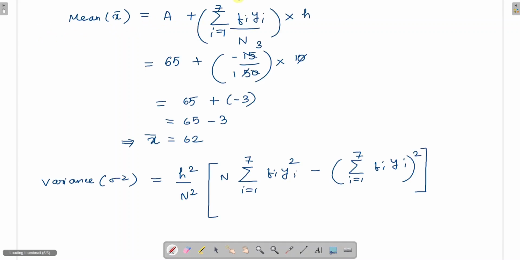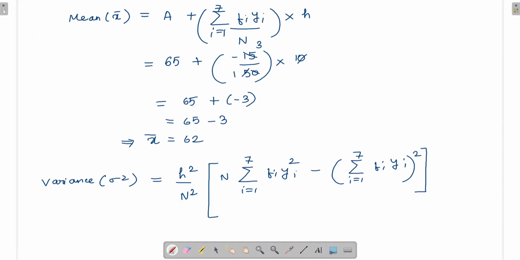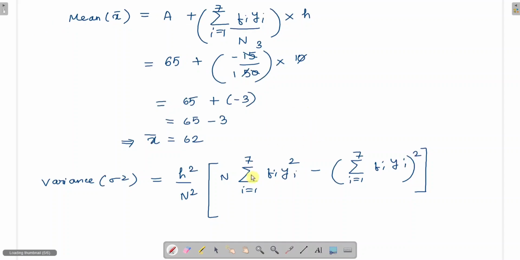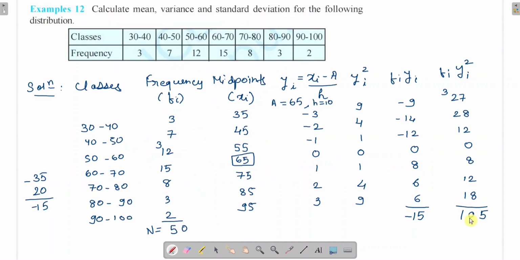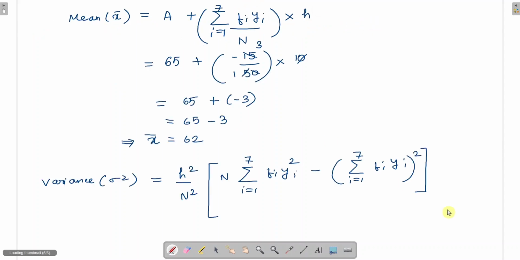So sigma square, that is the variance, is equal to h square, so 10 square divided by n square, that is 50 square, into n is 50, and summation fi yi square is 105, then minus 15 square, because summation of fi yi is minus 15 here.